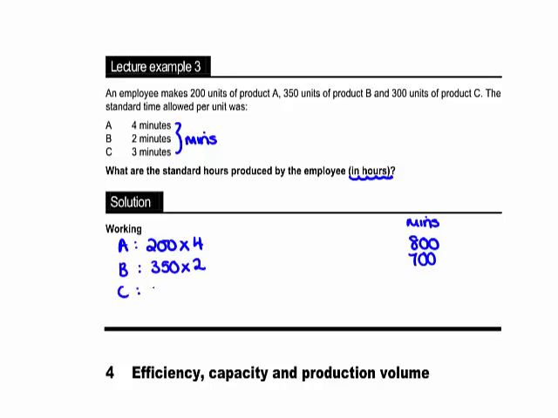And finally, for product C, we've got 300 units and each one takes 3 minutes. So that gives us a total of 2,400 minutes, divided by 60 gives us 40 hours. And it's our 40 hours that we would pop in to the box.